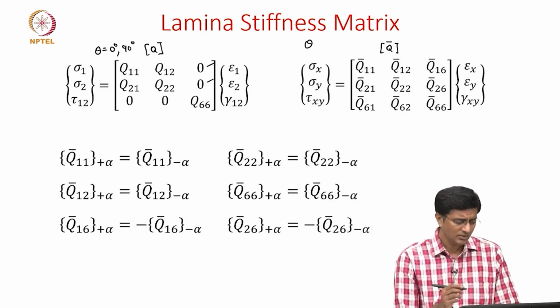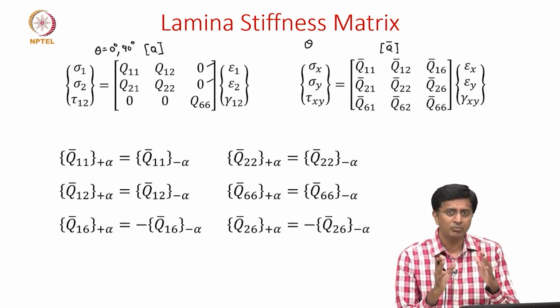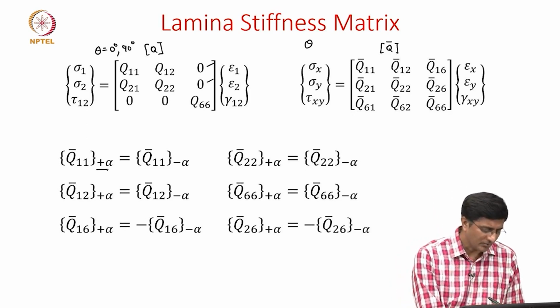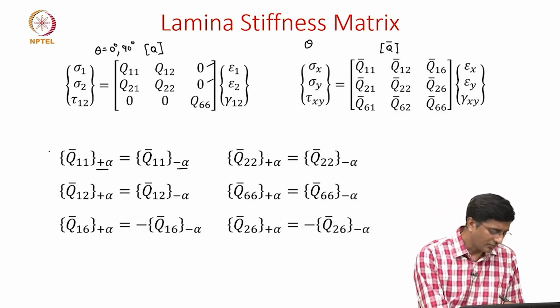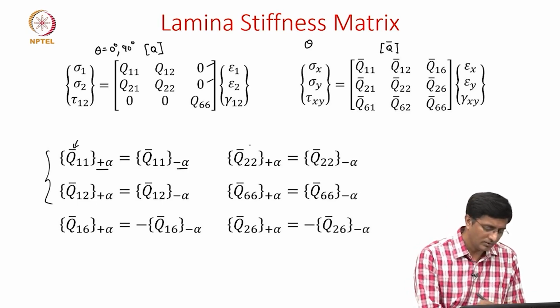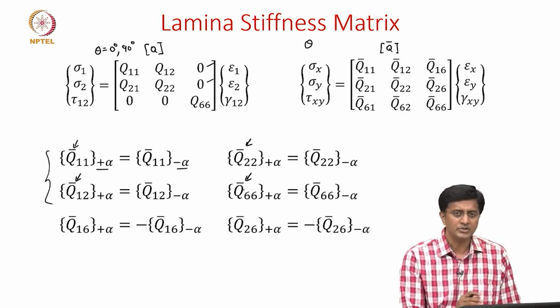But in the last class we also mentioned, what if there are two laminas, both made of the same material and same thickness, but the only difference is they are at two different angles, plus alpha and minus alpha. We said in that case there are four terms which remain the same, meaning Q11, Q22, Q12 and Q66. These four terms do not change because they have even terms of sine and cosine in their expressions.